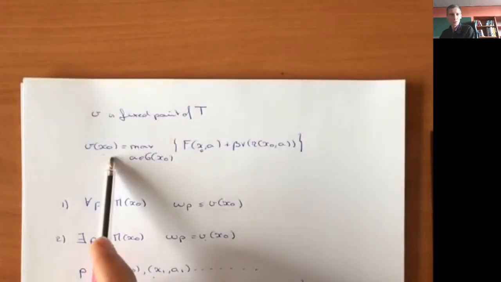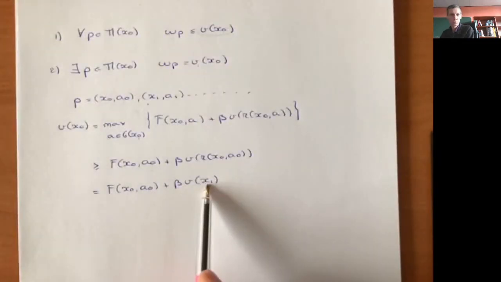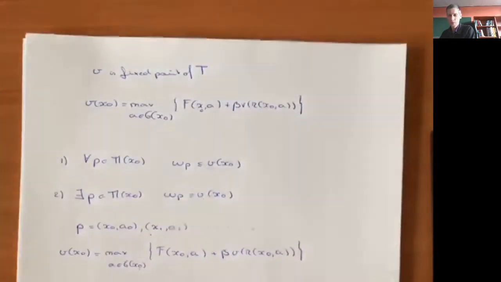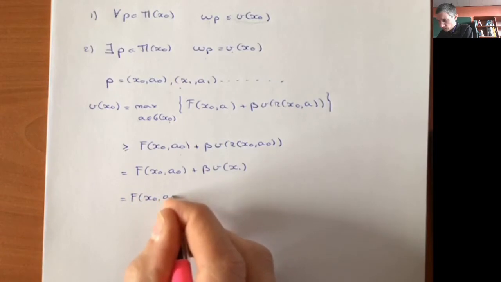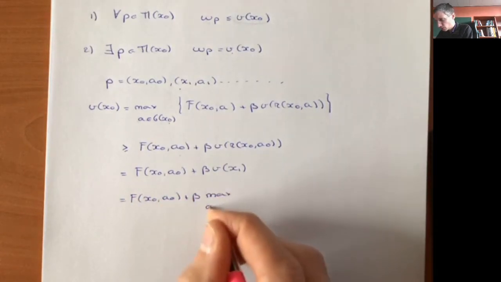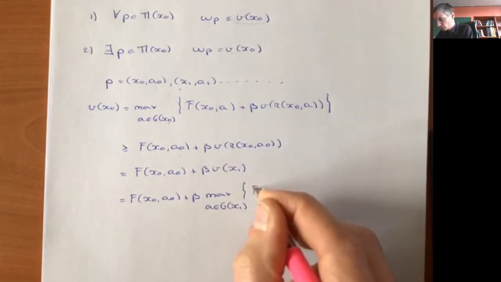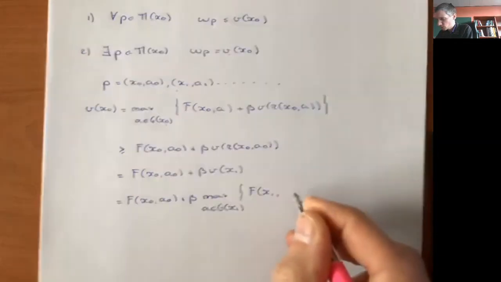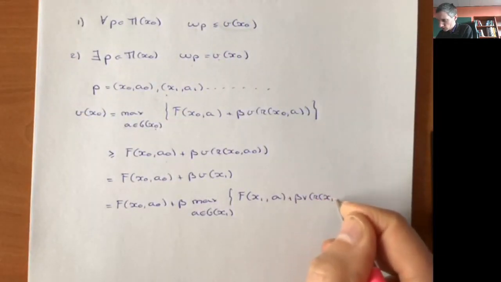And now I can use the Bellman equation, not for x0, but now for x1, because it holds for every x. So this is equal to f of x0, a0 plus beta times the maximum over all a in g of x1 of f of x1, a plus beta v r x1, a.